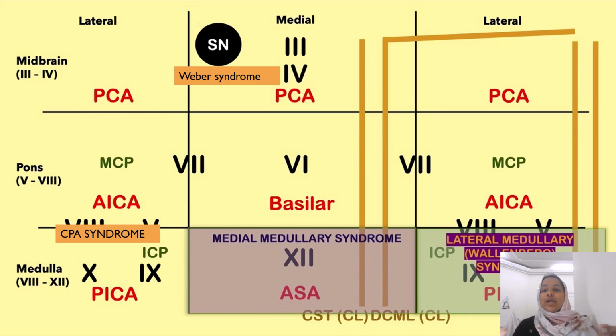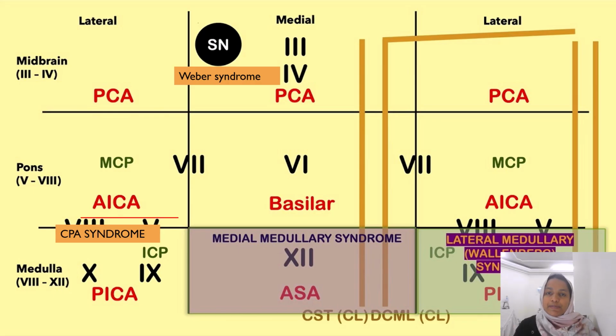And there is another branch coming from the basilar artery, which is called AICA, the anterior inferior cerebellar artery. That is the lateral pons. Now you have the vertebral artery, which is in the medullary region. The vertebral artery gives a branch called the anterior spinal artery.